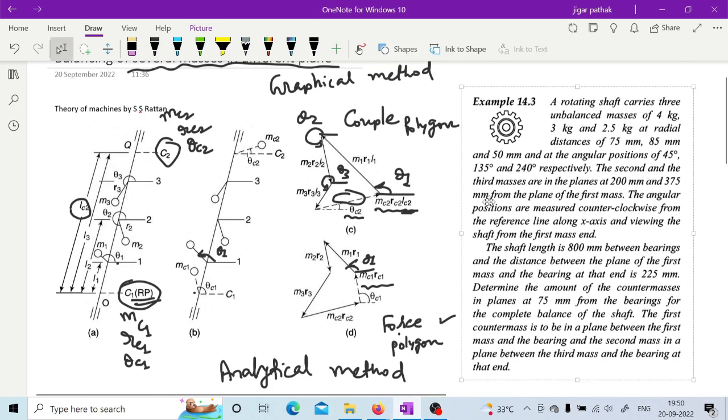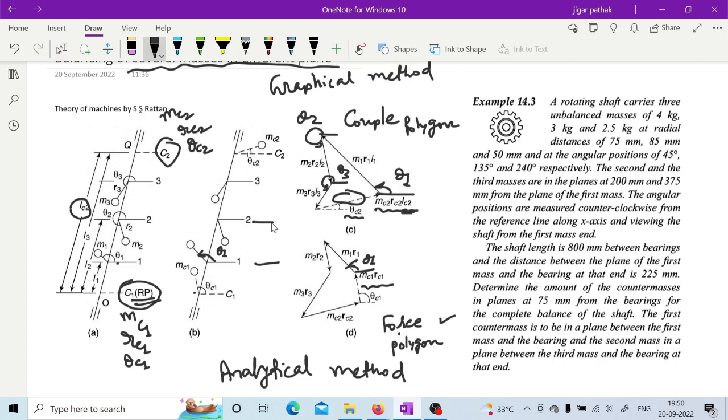Now the second and the third masses are in the planes at 200 mm and 375 mm from the plane of the first mass. So from this first plane they have provided this distance and this distance, right?